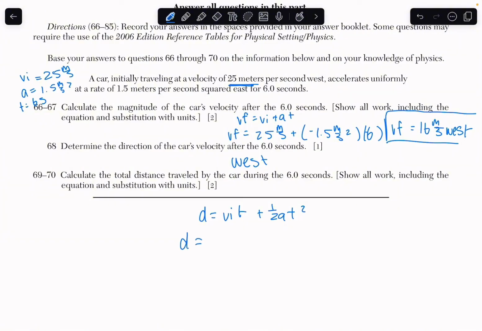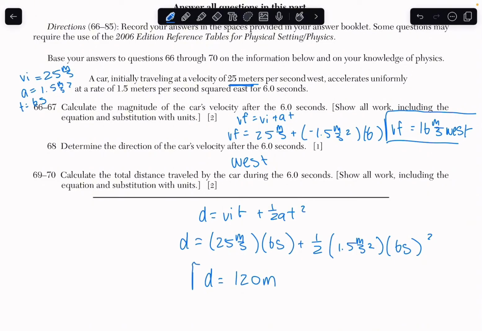D equals VI, 25 meters per second, times time, 6 seconds, plus 1/2 times acceleration, 1.5 meters per second squared, times 6 seconds again, squared. And once you do all of that, you're going to get a distance of about 120 meters. It's going to be 123 meters exactly, but you're just going to round down.